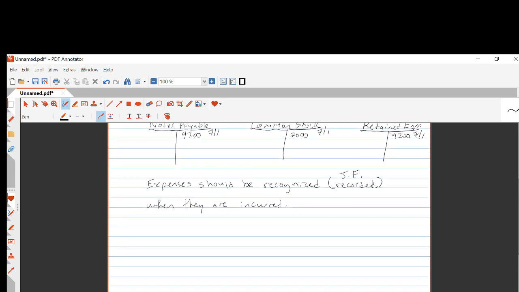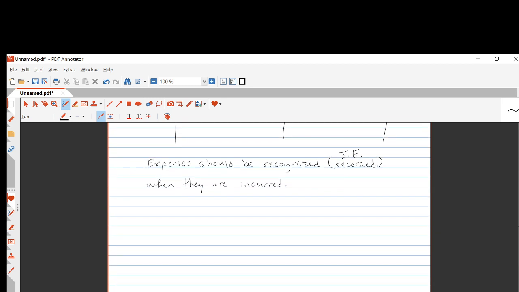And the question is, what does it mean for an expense to be incurred? When is an expense incurred? Because if we answer that question, then that tells us when we need to recognize it. Because GAAP says expenses should be recognized when they are incurred. So an expense is incurred when the company derives a benefit from using an asset.